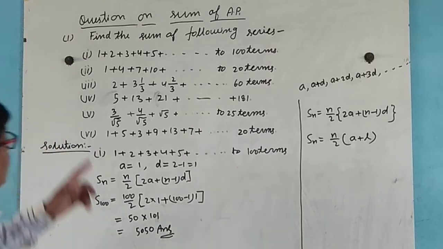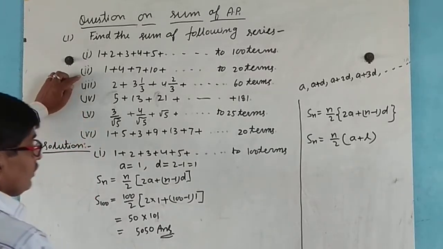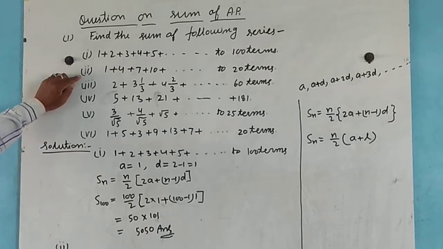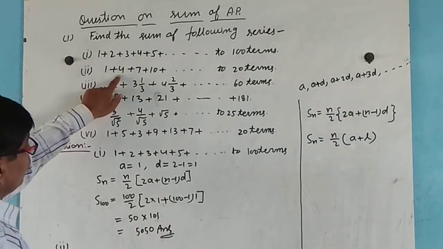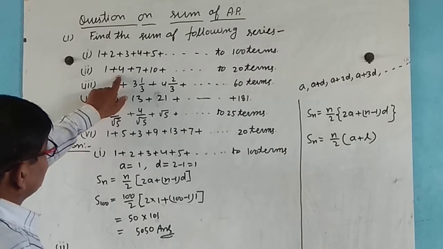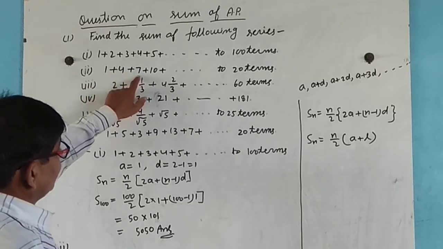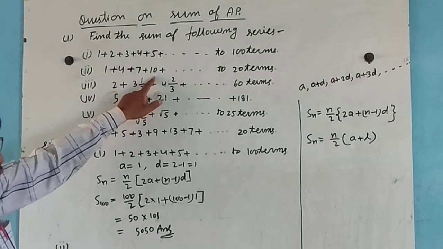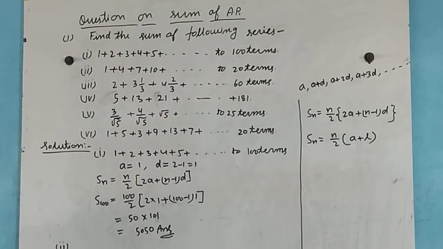Now, second problem here. In this case, the series is 1, 4, 7, 10. So the common difference is a constant, that is equal to 3.